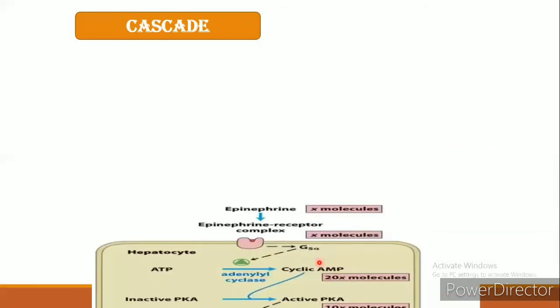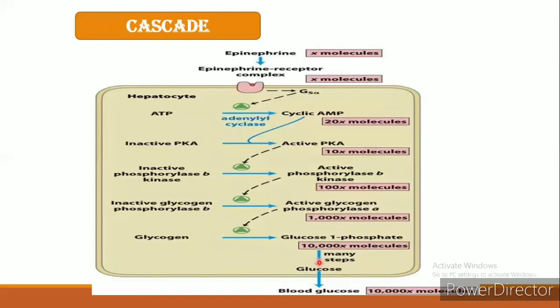Next is the cascade, that is, amplification, meaning how many molecules each transduction step activates. See here, it is an enzyme cascade. An enzyme cascade system amplifies the biological signal. A very small number of signal molecules triggers the production of enzyme molecules that catalyze the reaction of tens or hundreds of substrate molecules.